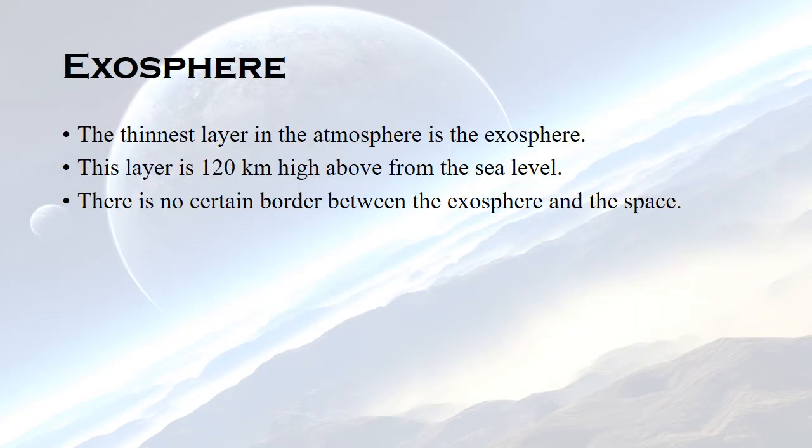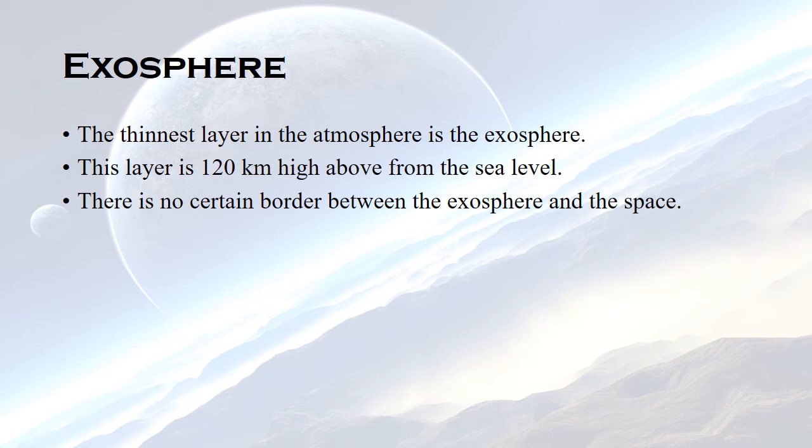And the last layer of the atmosphere is exosphere. The exosphere is the uppermost region of Earth's atmosphere as it gradually fades into the vacuum of space. And this is a thin layer in the atmosphere and it extends about 120 km high from the sea level.